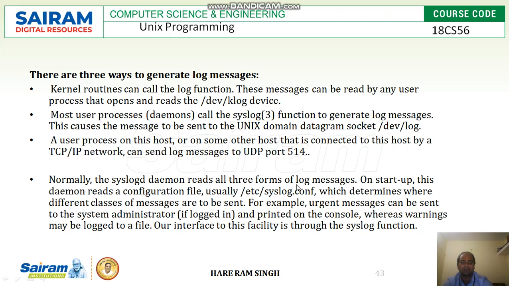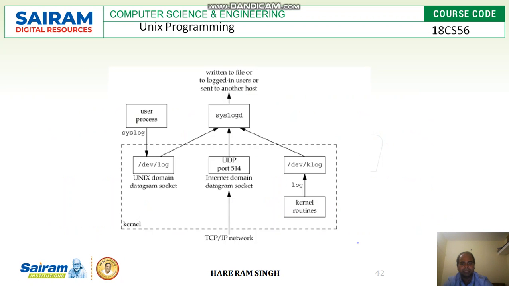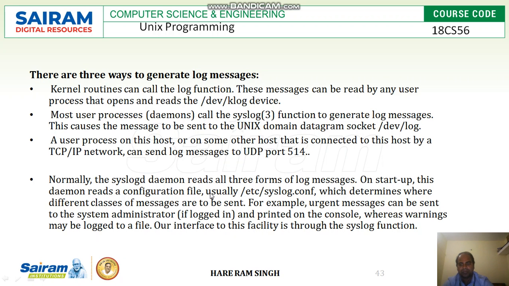Next, normally the syslogd daemon reads all three forms of log message. So here messages have come, and the syslogd process will read all the error messages which occurred in these files.